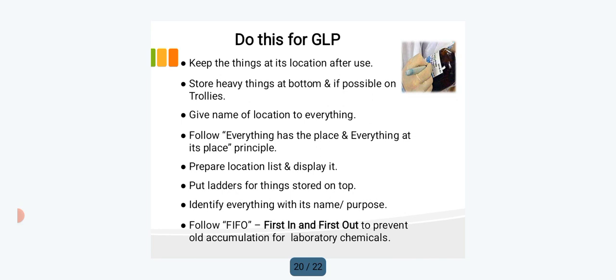Keep everything in its place, with a proper location list displayed. Put a ladder for things stored on top, identify everything with its name and purpose, and follow FIFO, that is first in, first out, to prevent old accumulations of laboratory chemicals.